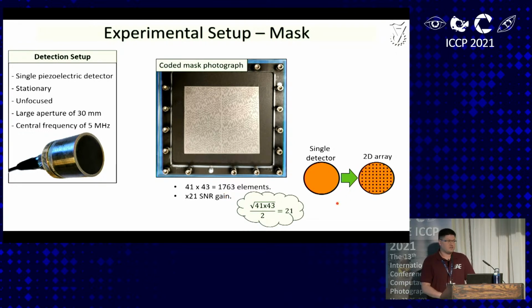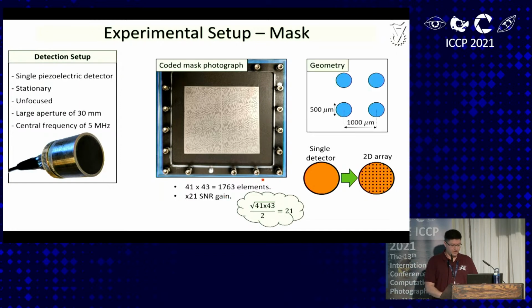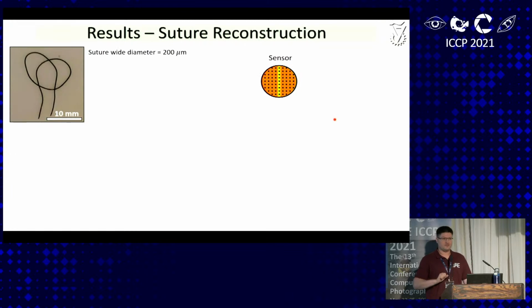And this means an SNR gain of 21 in comparison to using a single aperture. Again, you can imagine that more area of the detector is used, so the SNR is much better. And you can see here the geometry of the mask with an aperture of 500 micrometers. And now we get to the results.